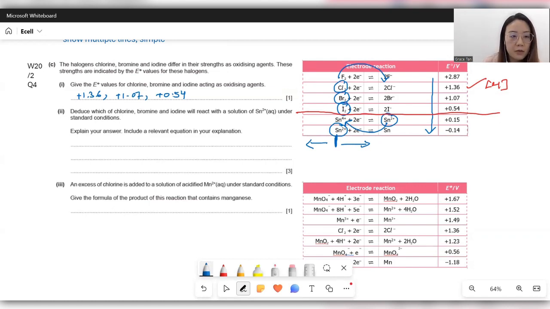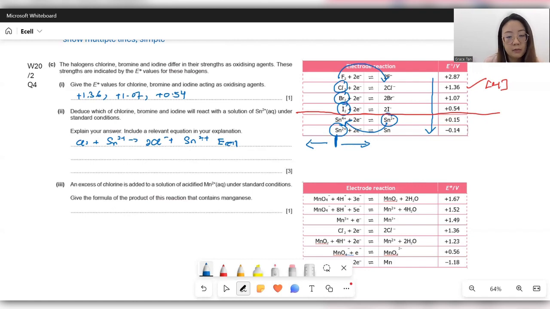Okay, so deduce which of the halogens. So I will say chlorine, and include relevant equation. So you know your half equations, right? So I'll do this one very quickly. I'm going to write the balanced equation here. This is the balanced equation. And you want to calculate your Ecell.